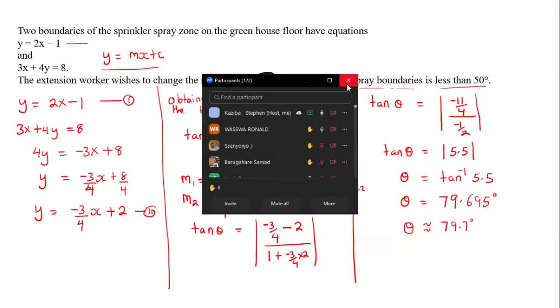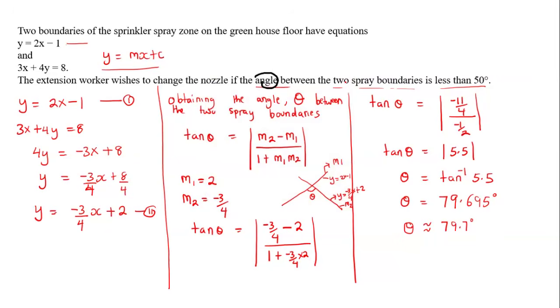Now, in each of your conclusions, members, I want you always to include a comparison in your answer. Don't just tell us that it is more than 50. What is it that is more than 50? Put that angle: 79.695 is more than 50 degrees.